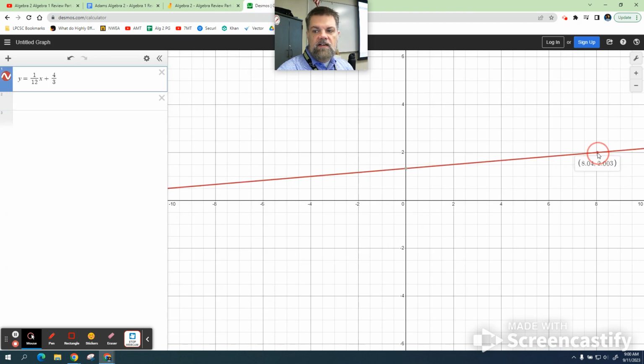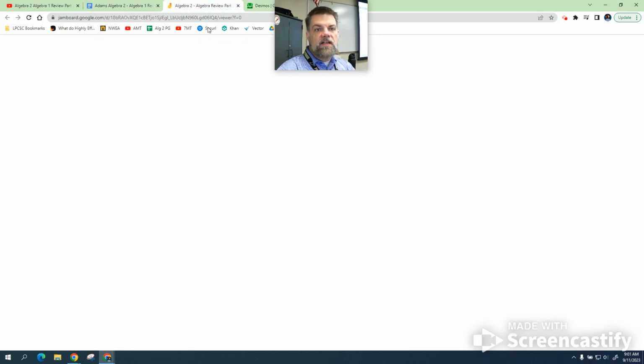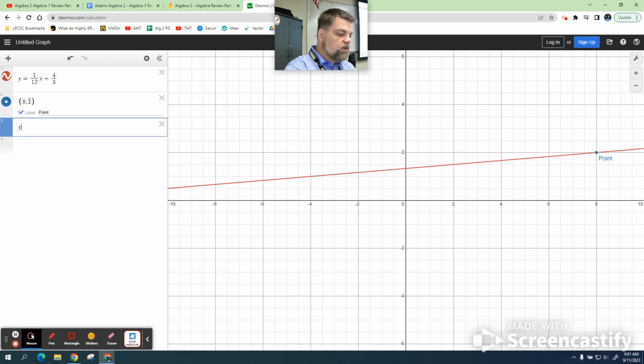Yeah, for sure. So let's just type that in. So we're going to say 8 comma 2. Oops. And we'll label that point. Okay. And now we're going to plug in the original equation, which is y equals negative 12x plus 3.